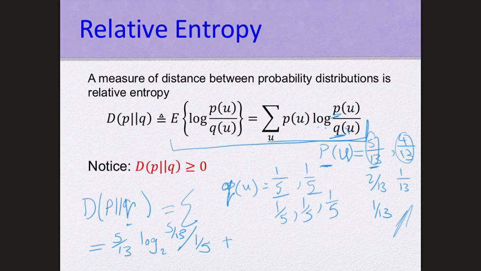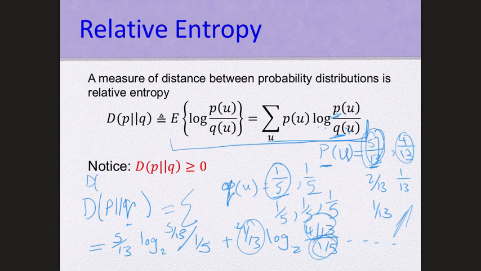Plus the next stage is 4/13 log to the base 2 of 4/13 divided by 1/5, and so on. So each one of those probabilities P is up here and outside, and the other probability Q is down here. What if it was D of Q with reference to P?